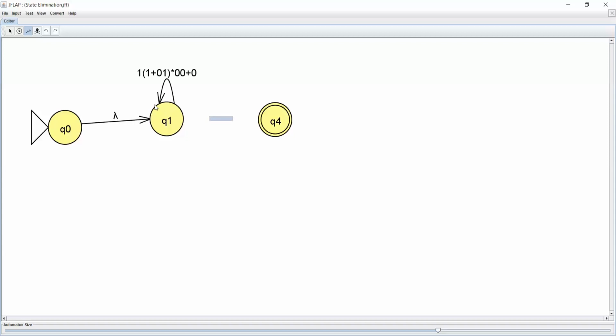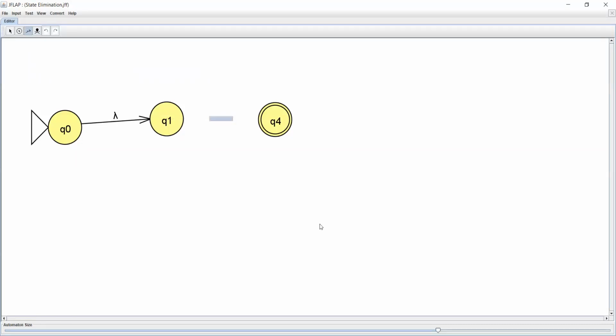Now I want to remove this Q1 transition. So first I will remove the loop term. When I remove the loop term, this will be multiplied with the lambda. See here.